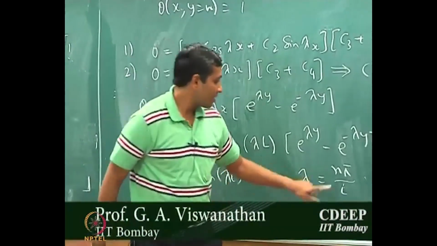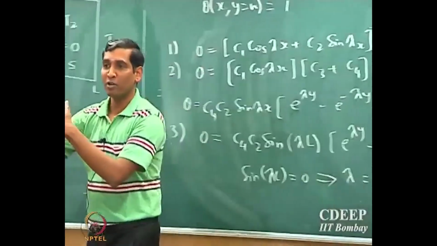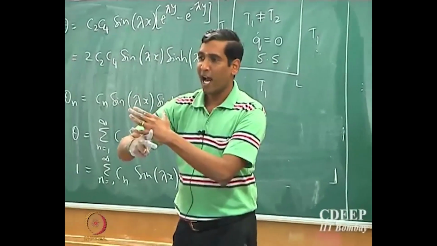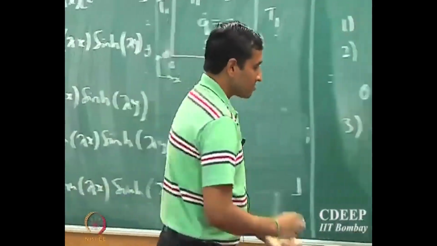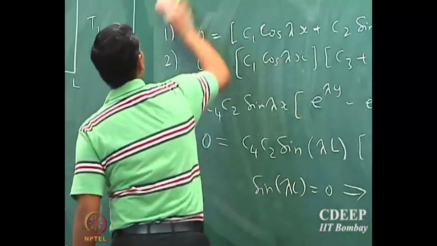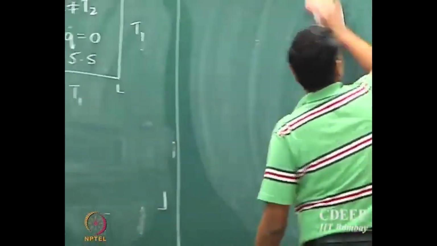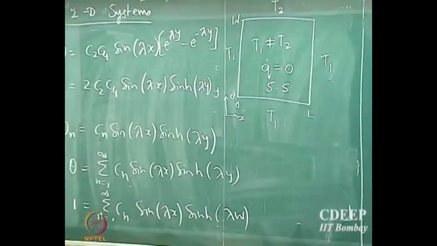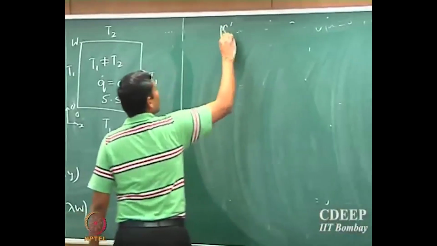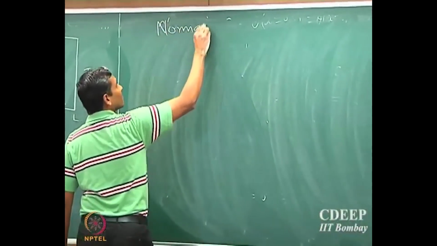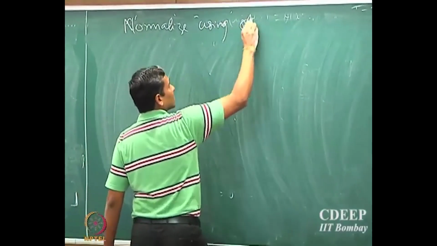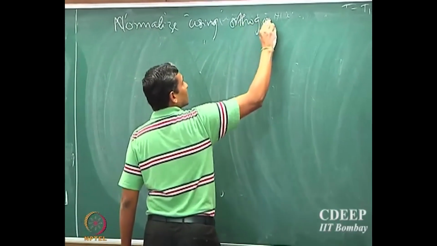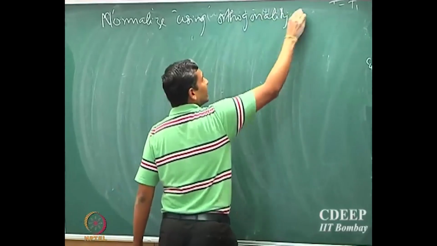So sine pi x by L is orthogonal to sine 2 pi x by L, and both these are orthogonal to sine 3 pi x by L. Okay. So normalize using the orthogonality condition.